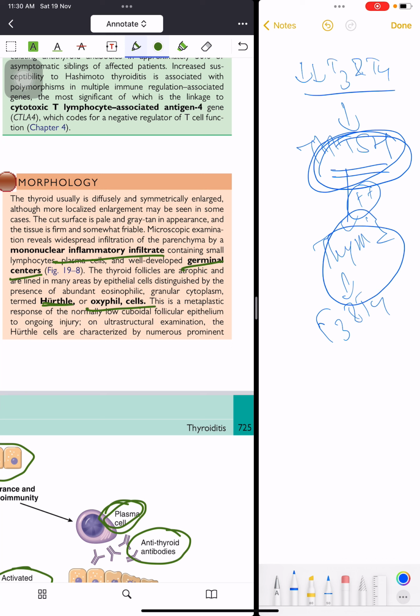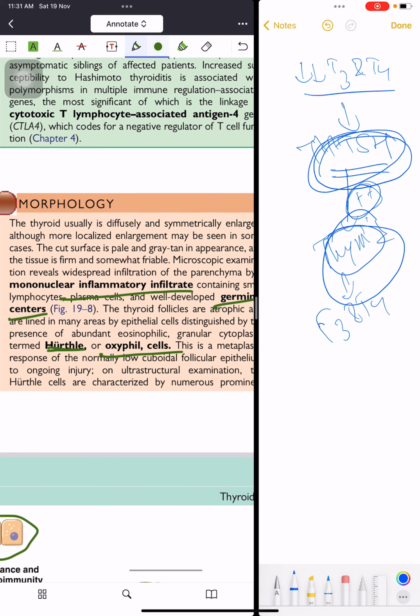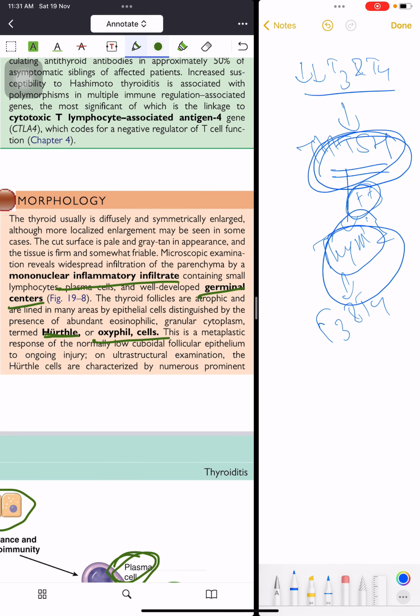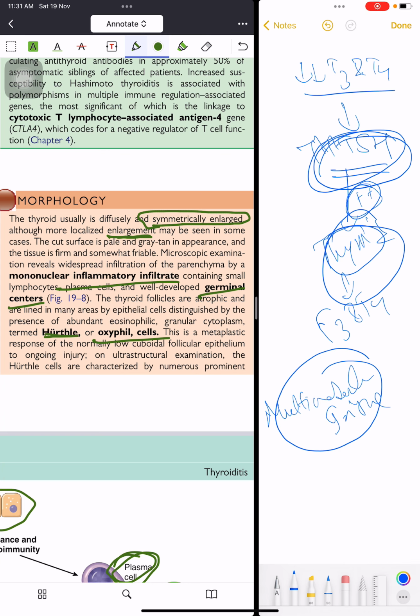How could they make T3 and T4? That is why this action of stimulating the thyroid will make the thyroid enlarged, but that enlargement is symmetrical. Remember, asymmetrical enlargement is seen in the multinodular goiter. That was a differential component.